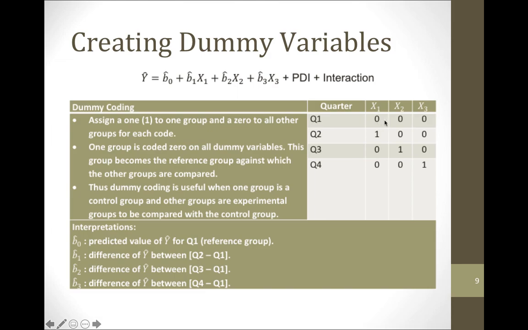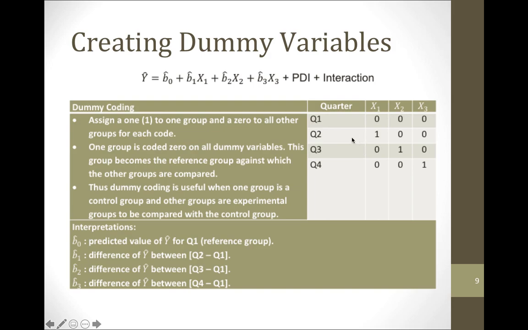Q1 will receive 0, 0, 0. Dummy coding is useful when one group is a control group and the other groups are experimental groups to be compared with the control group.